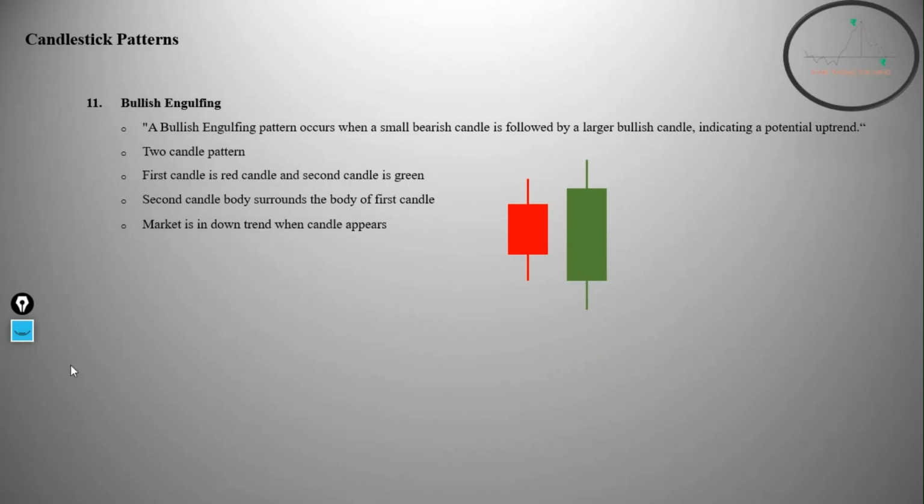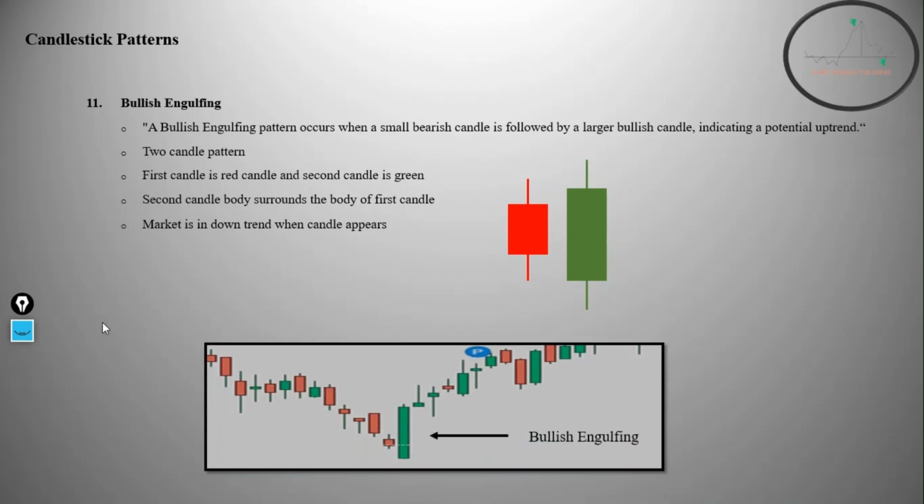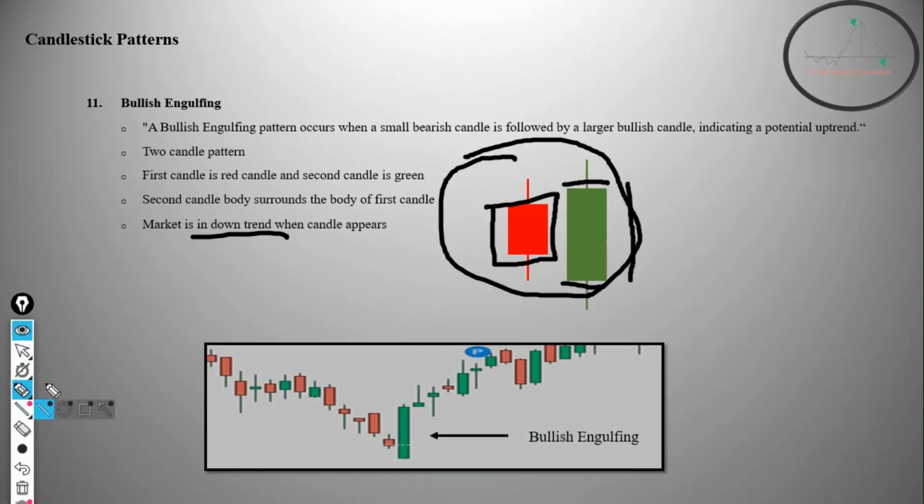So let's understand it in the chart. There was a downtrend, and what happened? This was a red candle, and the next candle in fact closed above the previous candle. Then there was an inverse hammer, but this is only confusion. The market wants to find the direction, and again it got the direction and moved up.